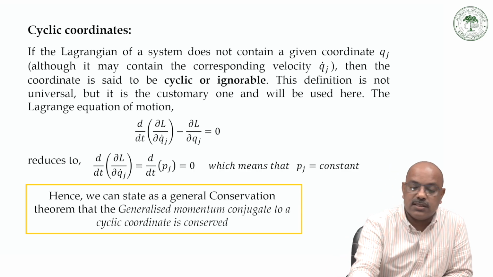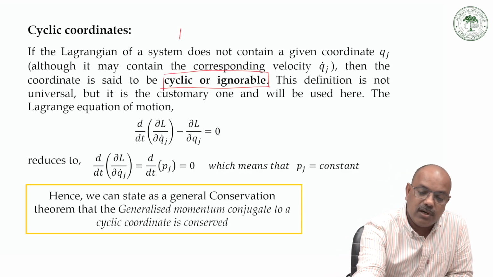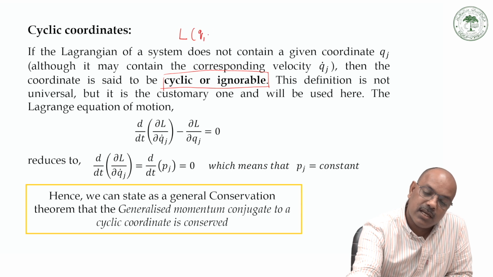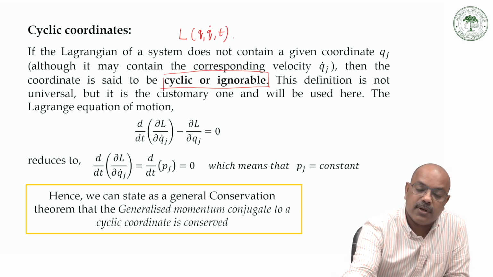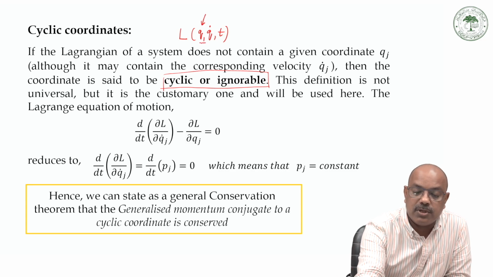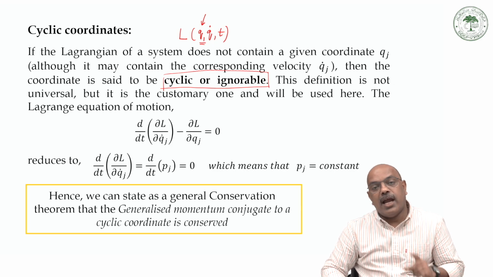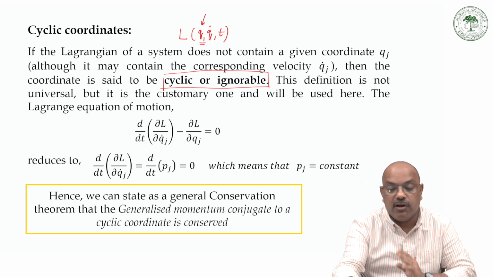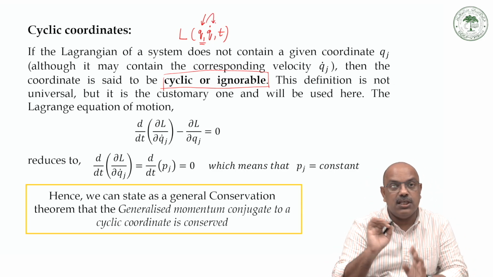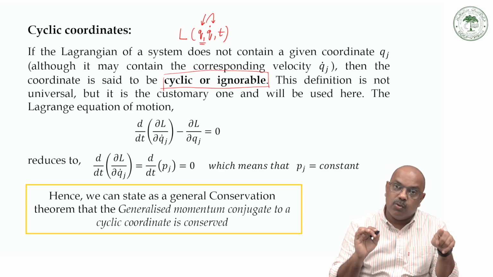This is also known as the ignorable coordinate. The Lagrangian generally depends upon q, q dot and t, but if it does not depend upon q, while the corresponding velocity is present, then that coordinate is known as cyclic or ignorable.